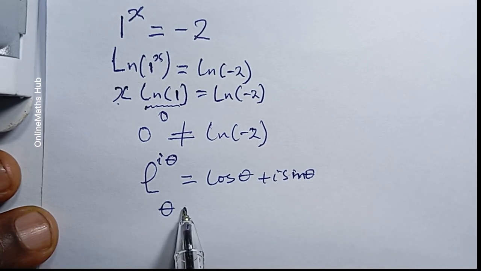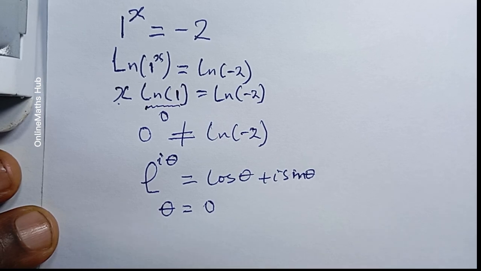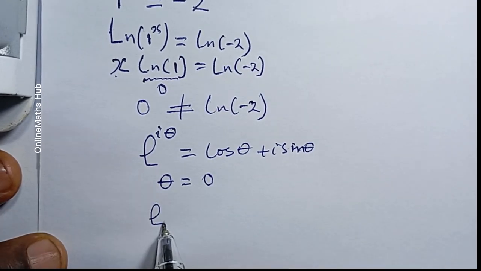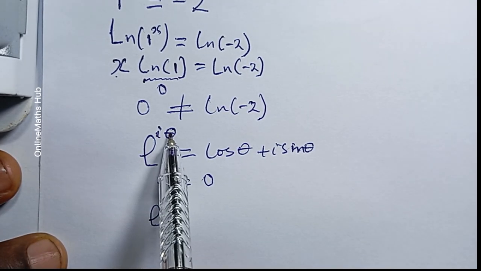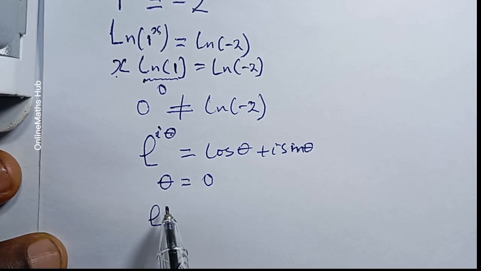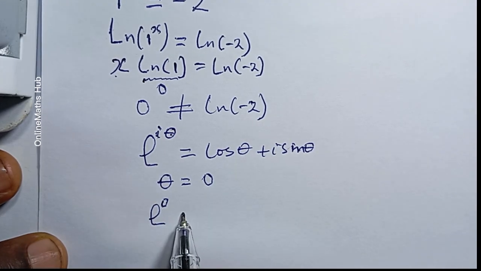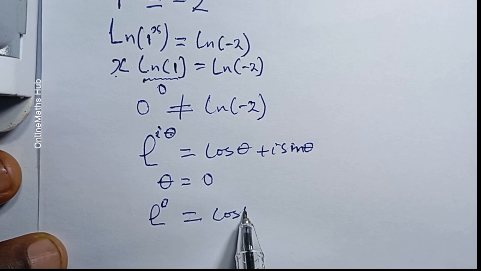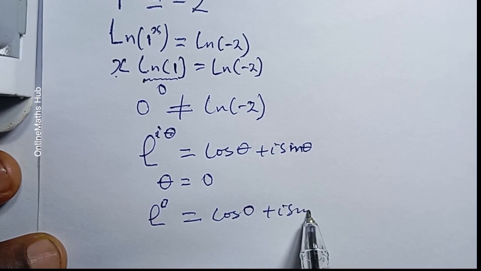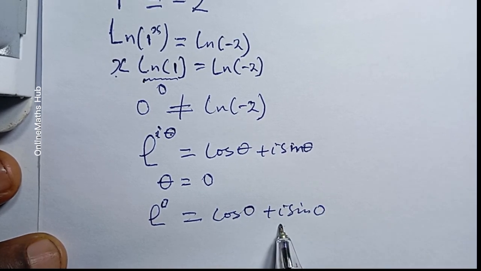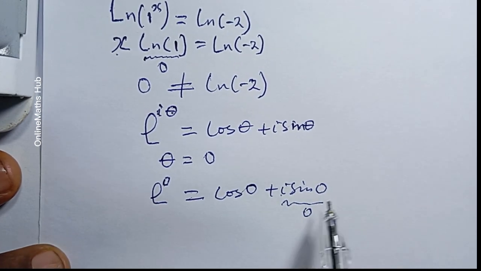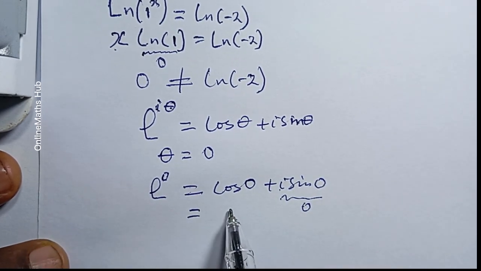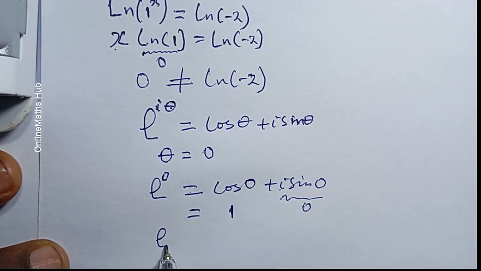If we substitute 0 for theta, 0 times i is 0, so I have exponential 0 equal to cos 0 plus i sine 0. Sine 0 is equal to 0, and 0 times i remains 0, so this part turns to 0, and cos 0 is equal to 1. So you see that exponential 0 is equal to 1.